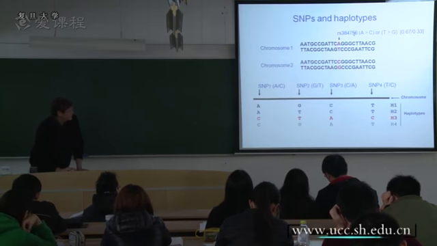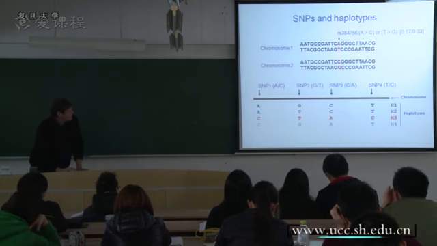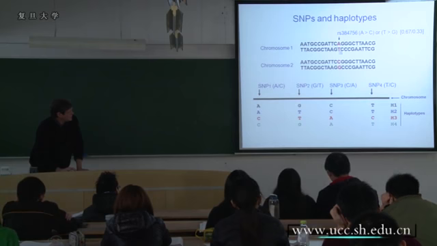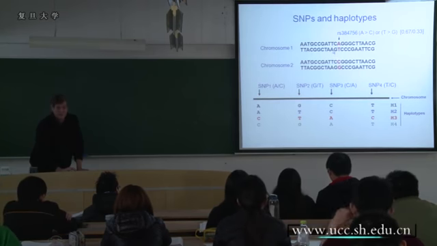The places where the sequence varies like this are called variants, and they're called polymorphisms if the unusual sequence is found more than 1% of the time in the population.